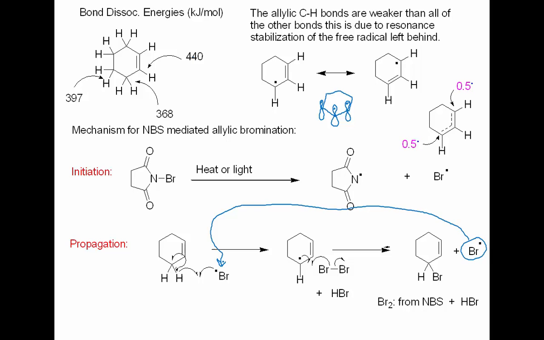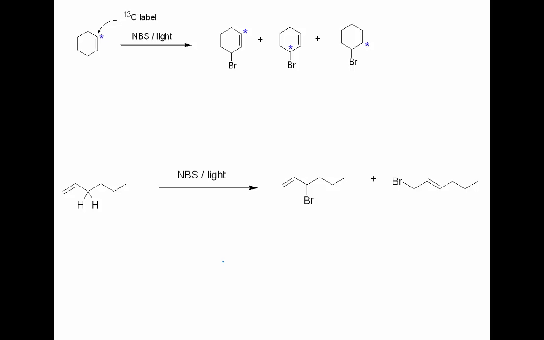Let's look at a few complications that arise from this free radical mechanism. Let's imagine that you carbon-13 label one of the vinylic carbons of cyclohexene. You find that your label gets scrambled over 3 carbons. Okay, now let's see if we can rationalize why this is the case.